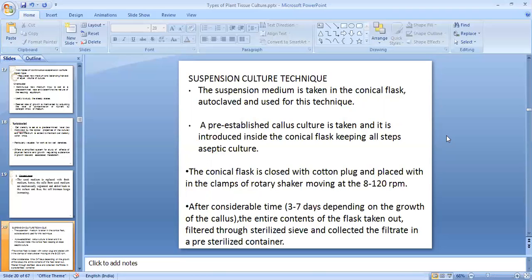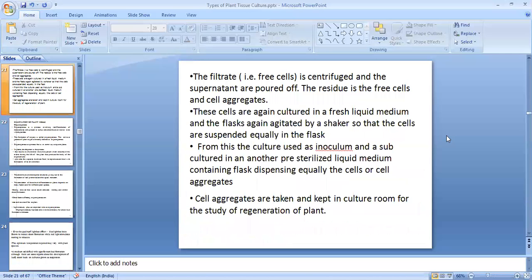And after considerable time, around 3 to 7 days, the entire contents of the flask have to be taken. It has to be filtered through a sterilized sieve, and the filtrate is collected in a pre-sterilized container.